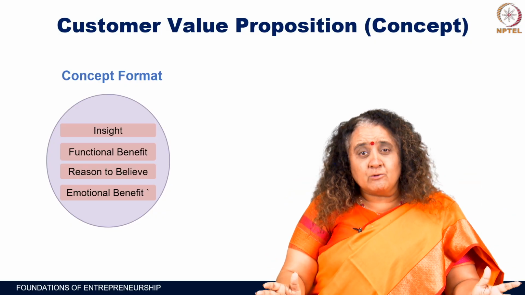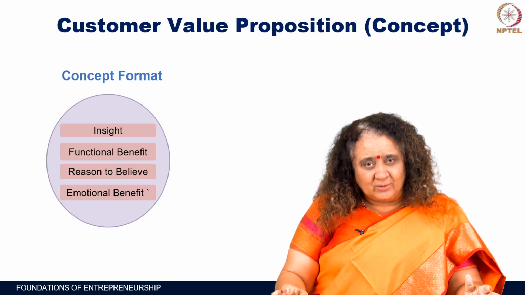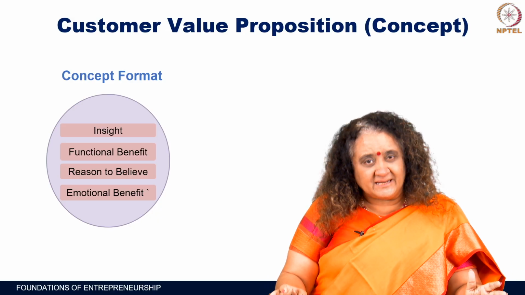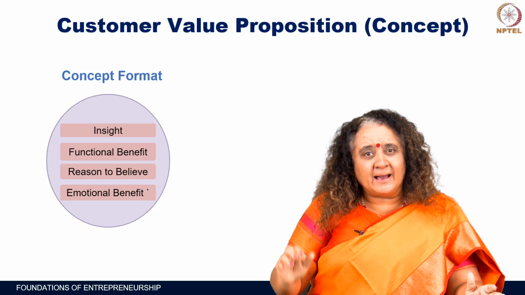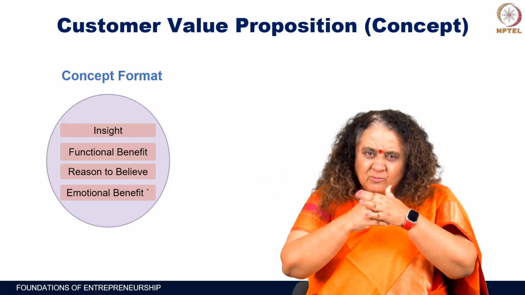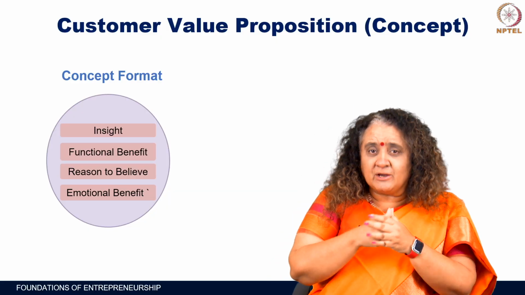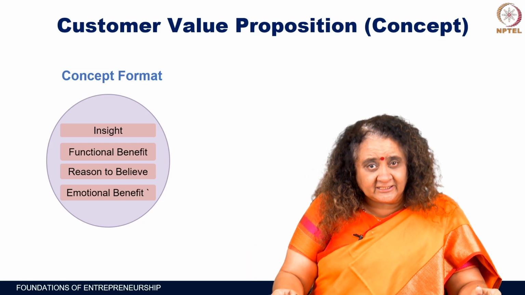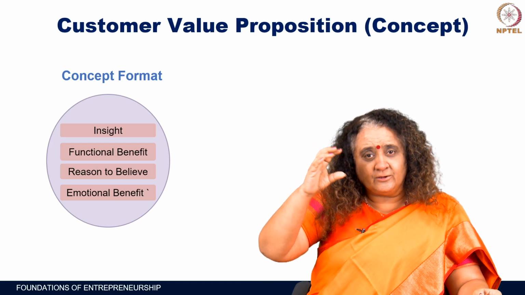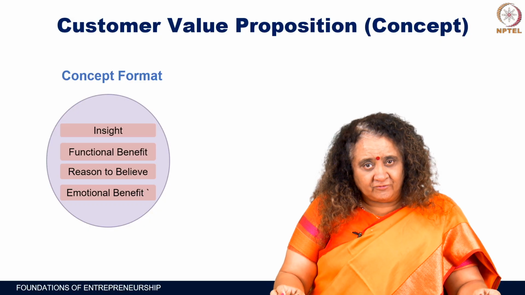That, in our parlance, is called reason to believe. So, a functional benefit is very often followed by a reason to believe. It is almost like they are together. We offer this functional benefit because our product has this, this and this. That is what reason to believe is. So, it starts with an insight, goes to a functional benefit, and then ends with an emotional benefit.